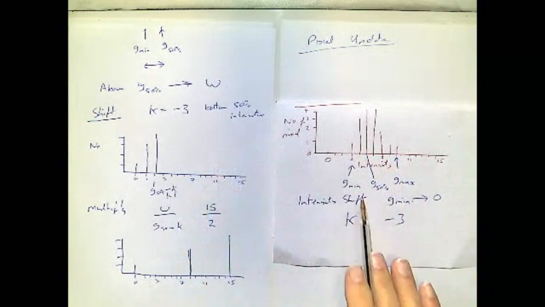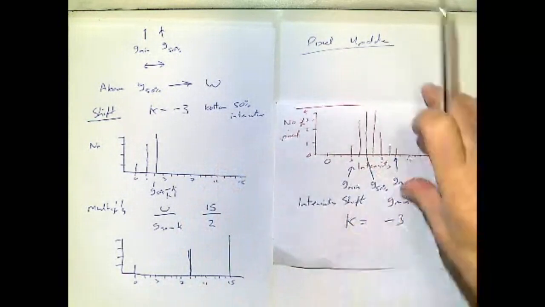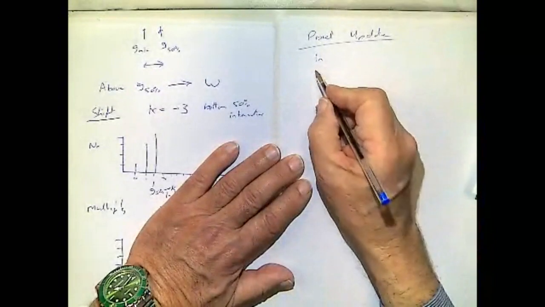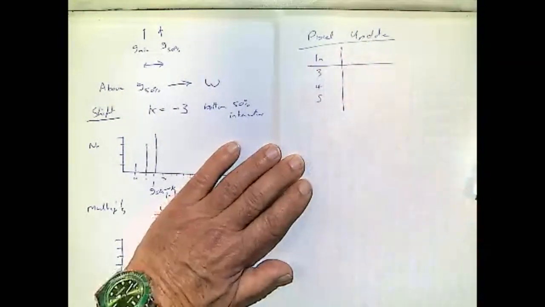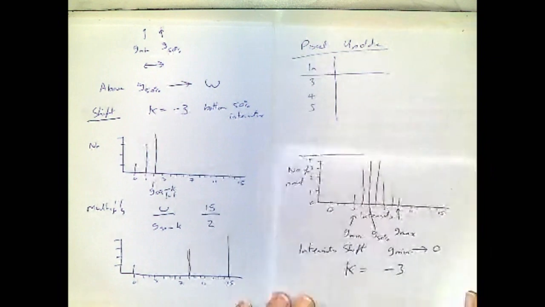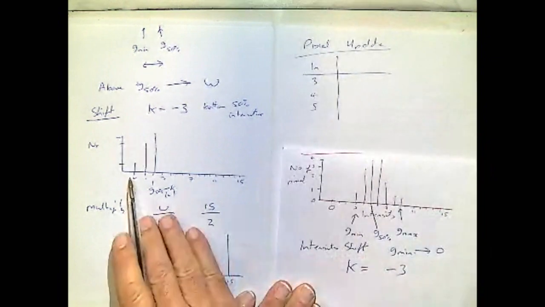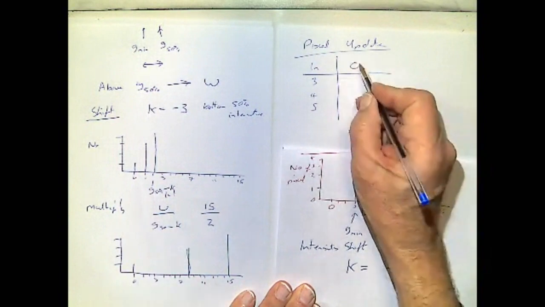So the pixel values are simply going to be 3, 4, and 5. No need to write all 15. And from the output histogram, the one that has been enhanced, we find that 3, which was in the original histogram, goes to 0 in the shift and in the multiply.